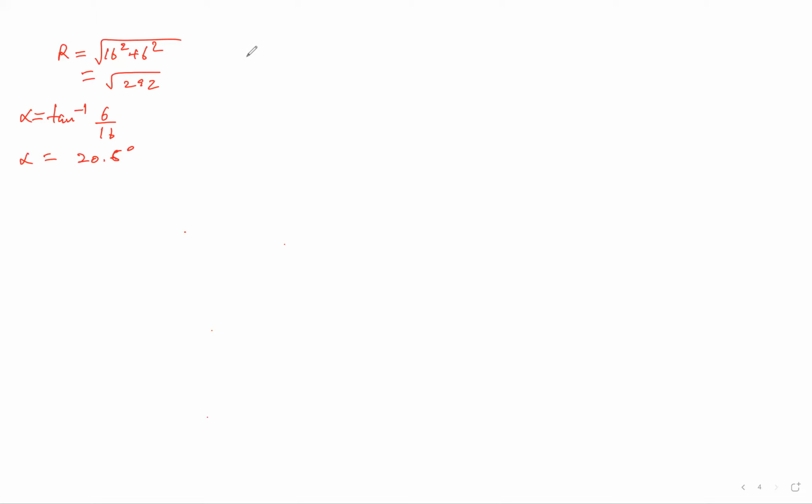And we got earlier on the answer was 14, right? So 14 equal to square root 292 sine theta plus 20.6. So this is where we ended off from the previous slide.